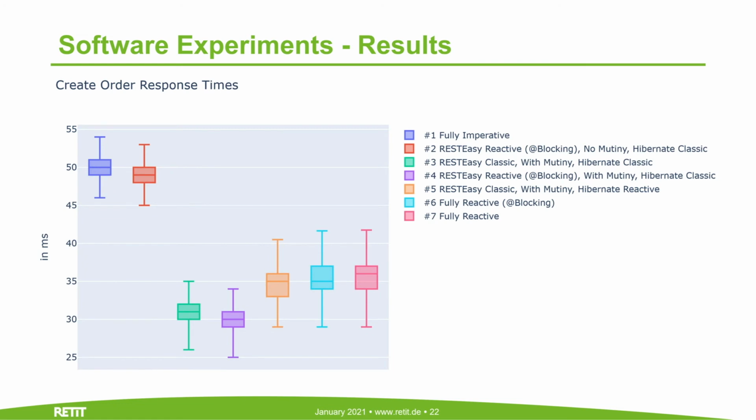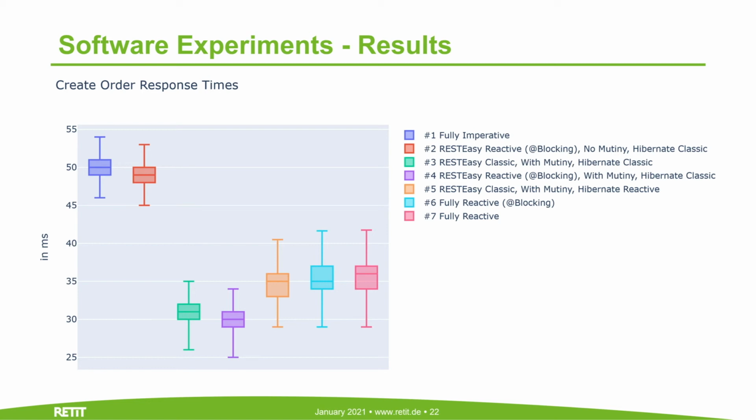So the test setup, as I said, was executed for all of the 7 implementation variants. And because we're taking a look at the response time, obviously lower values are better than higher values.